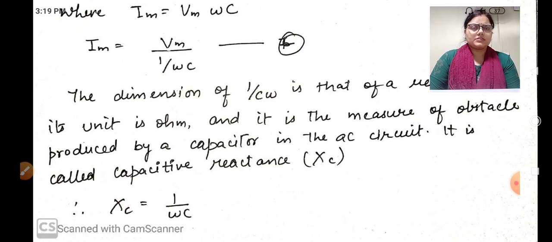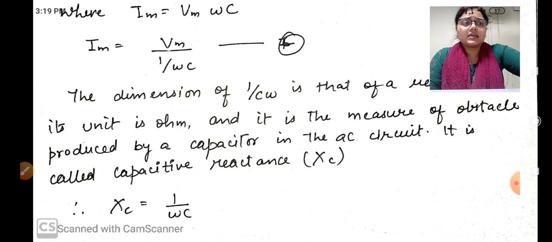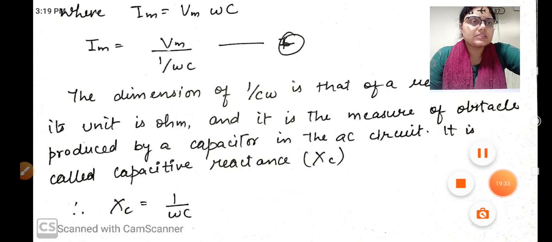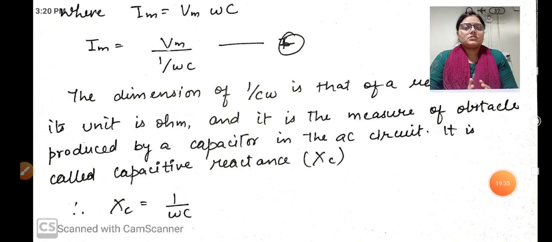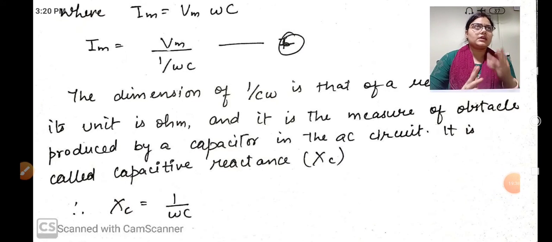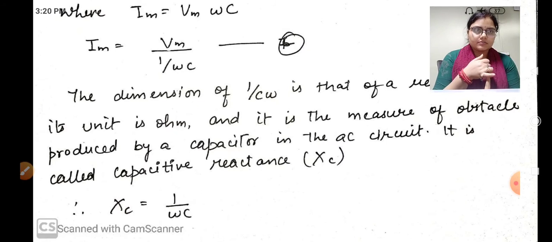This is about the capacitive reactance and the three devices we have studied: resistance, the inductive circuit and the capacitive circuit. In the resistive circuit there is no phase difference; current and voltage both move in the same direction.